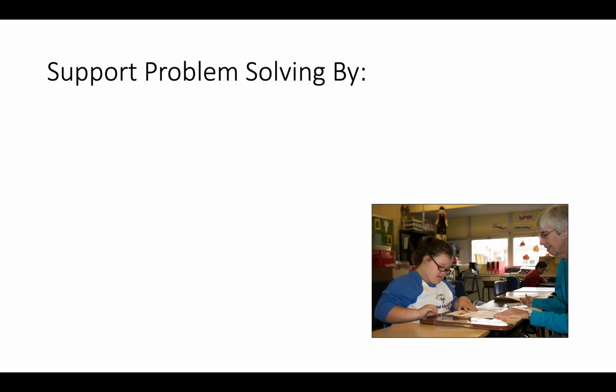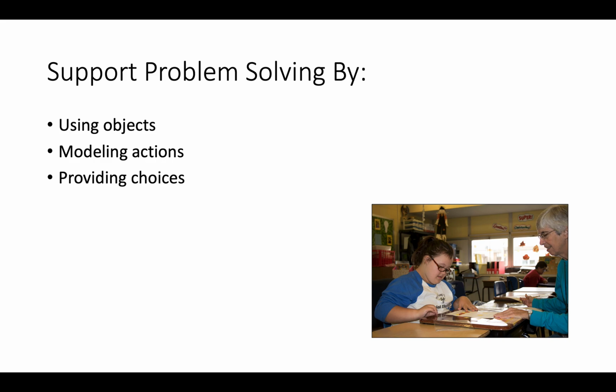In math, thinking about choices and what might happen supports students as they tackle problems and identify facts to make decisions about what to do, what tools to use, and what the outcomes might look like for each of those. Using objects, modeling actions, and providing choices helps students narrow the possibilities so they are better able to choose and act in a reasonable way rather than give up or feel overwhelmed.